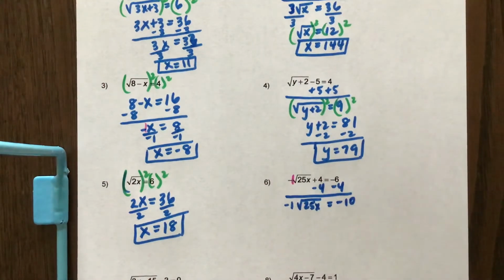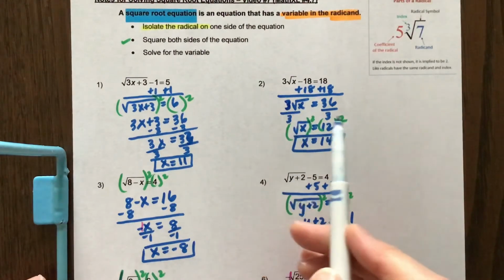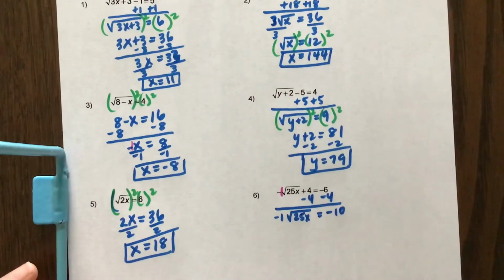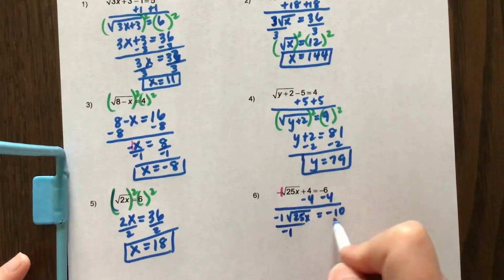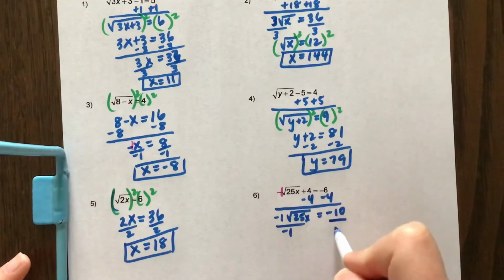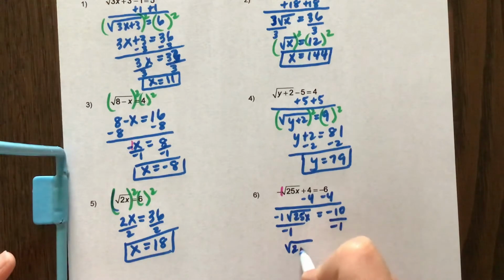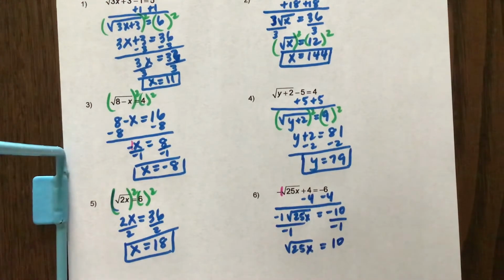Well, I still have to get rid of that -1. So similar to number 2, when we had that 3 out in front, we had to divide both sides by 3. I'm going to have to do the same thing on number 6, except I'm just dividing by a -1 because that's what's out front, being multiplied times that radical symbol. So when I divide by -1, that's going to give me the square root of 25x is equal to +10.